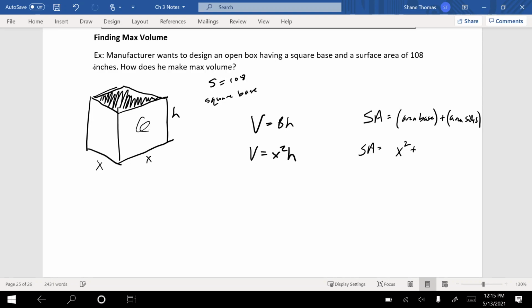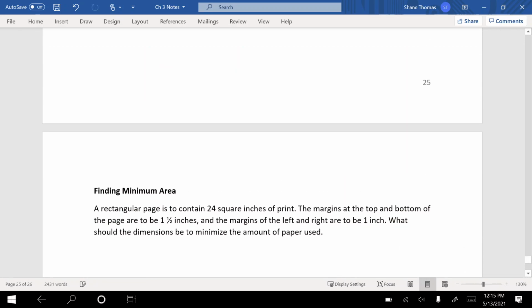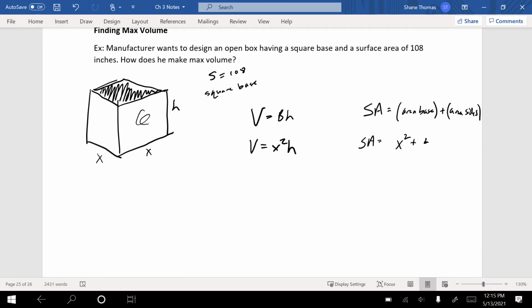The area of this guy would be x times h, right? In fact, it's a square, so they all have to be the same. So we'd have 4 times xh. Now we also know that that's equal to 108, don't we? So 108 equals x squared plus 4xh.